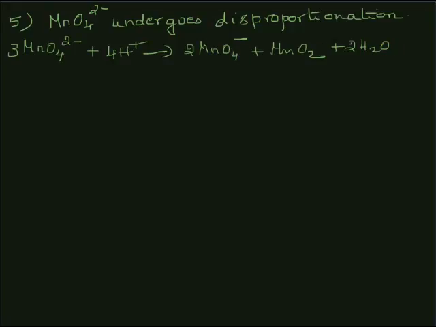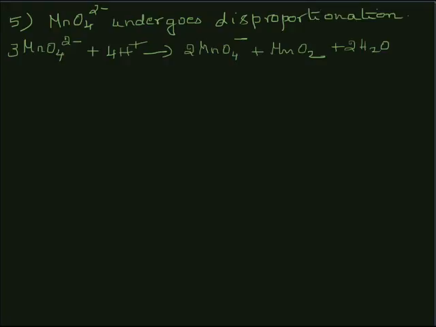At this juncture, I would like to tell you that it is important for you to remember this equation. You could be asked to give an example for the disproportionation reaction of manganese in particular or any metal in general. So better learn this equation.